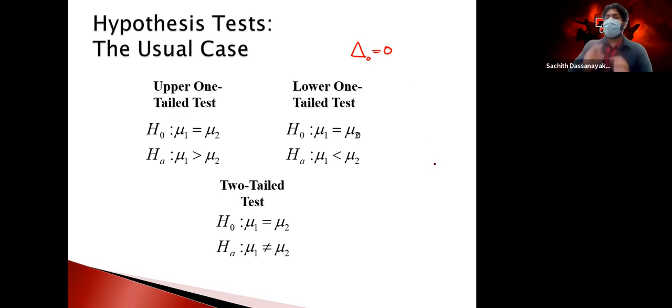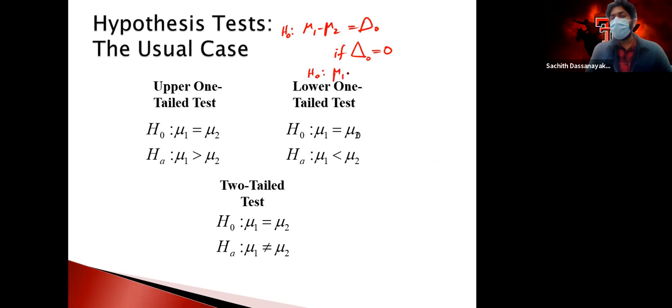Remember the last slide, mu1 minus mu2 equals delta 0, for the null hypothesis. If this equals 0, you can rewrite it as mu1 minus mu2 equals 0, which means mu1 equals mu2.